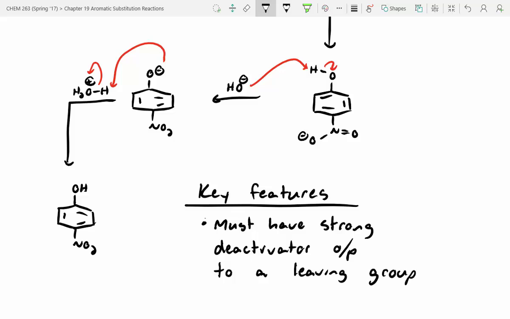If you don't have these two things, this reaction simply won't occur. And like I said, your leaving group is the same sort of leaving group that you guys saw in term 1 with SN2 substitution reactions. So normally it's a halide or a tosylate.